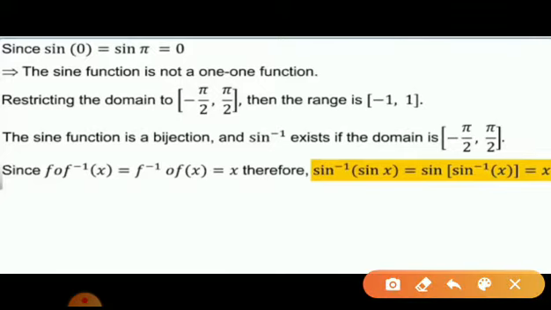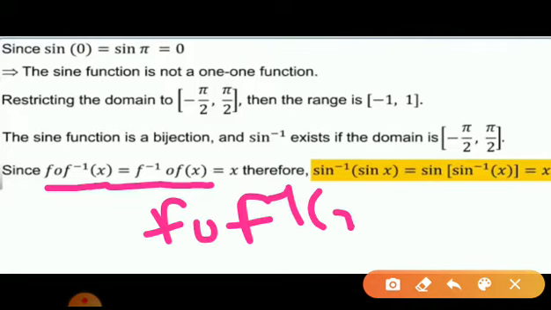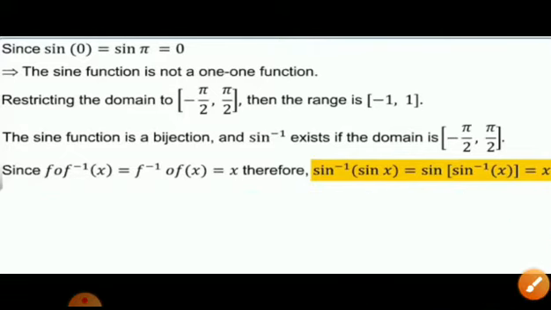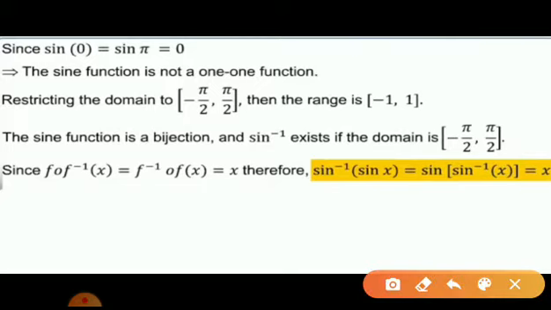Sine inverse exists. We had seen if f inverse exists, then f composite f inverse of x is the same as f inverse composite f, and that is equal to what? Identity function. What is f composite f inverse of x by definition? We write it as f of f inverse x. Similarly, what will be my property?